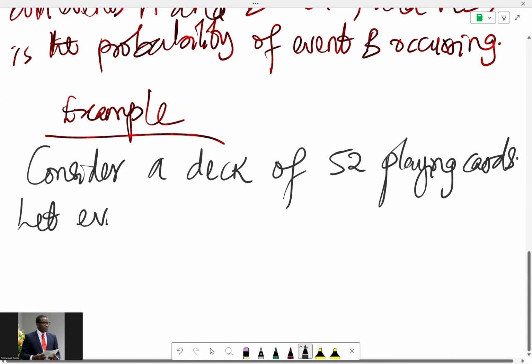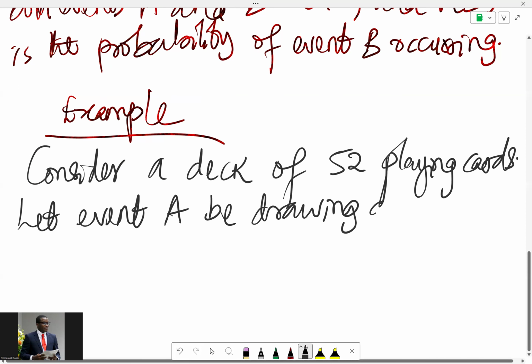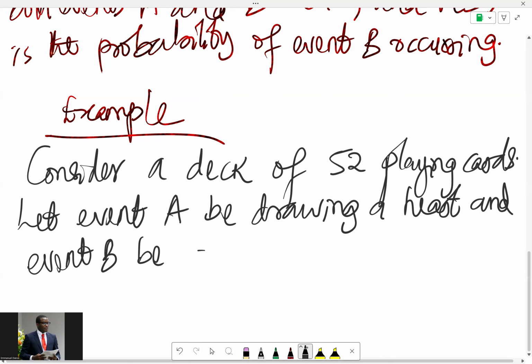Let event A be drawing a heart, and event B be drawing a red card.